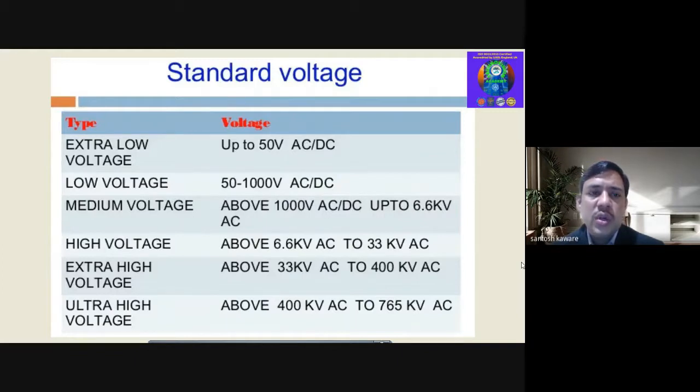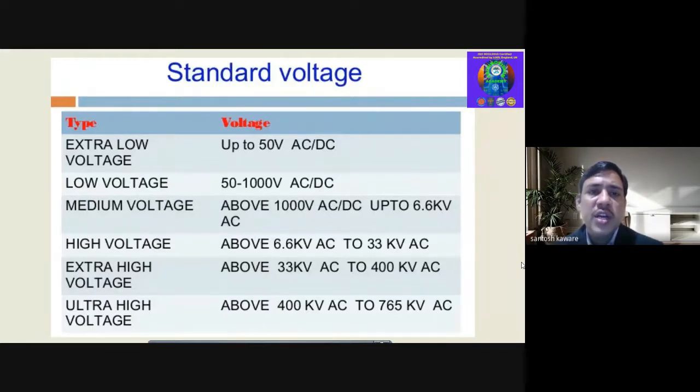So extra low voltage means up to 50 volt, whether it is AC or DC, so you can take it as extra low voltage, which is less than 50 volt. Then low voltage is in the range of more than 50 volt to 1000 volt, AC or DC.